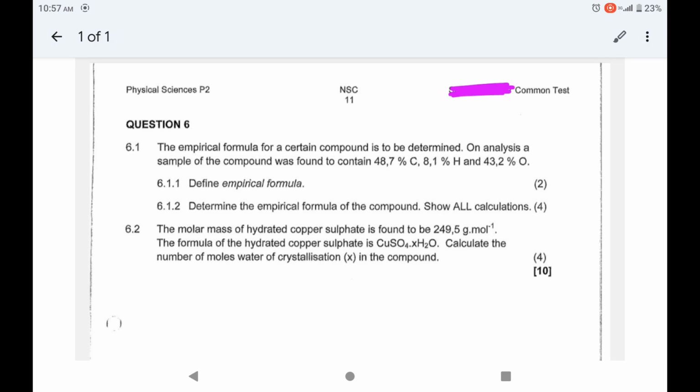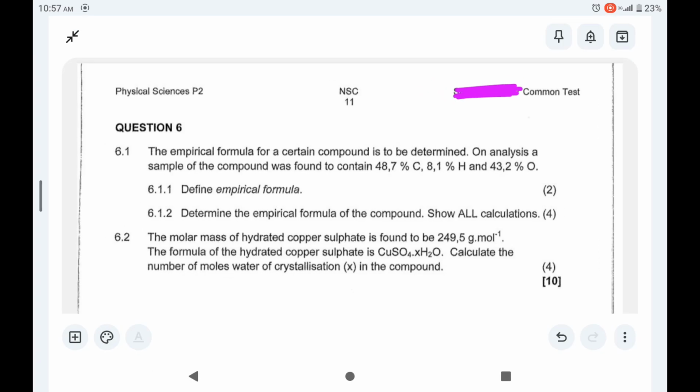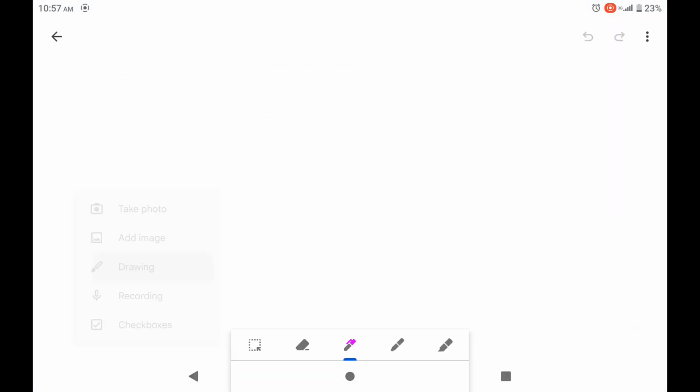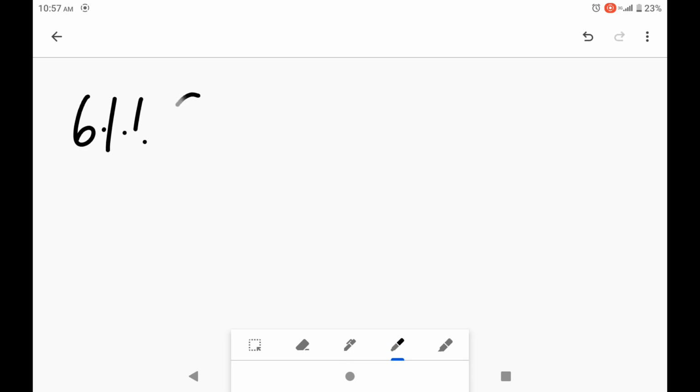How do we define empirical formula? 6.1.1. Let's try to define empirical formula. Okay, this is how you define empirical formula.